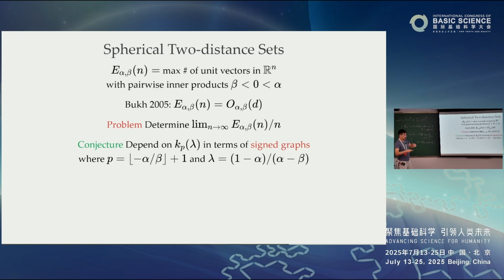And the corresponding adjacency matrix is called the signed adjacency matrix, where the off-diagonal entries can be 0 or plus minus 1. It turns out that we conjecture the limiting behavior of this function depends on two quantities. This lambda really is just a generalization of the previous definition of lambda. But there is another parameter p, which is defined this way. As you can see, if beta is minus alpha, p is equal to 2.